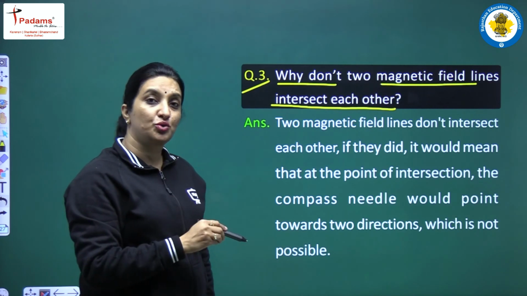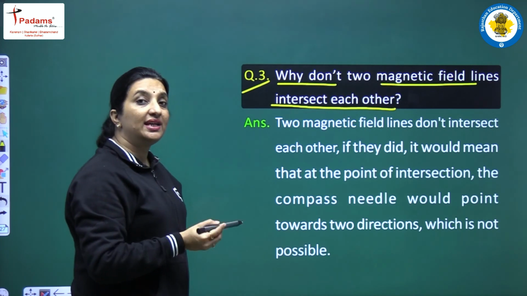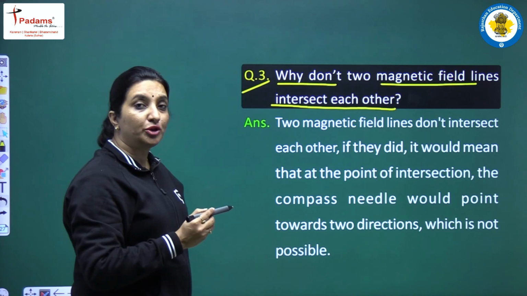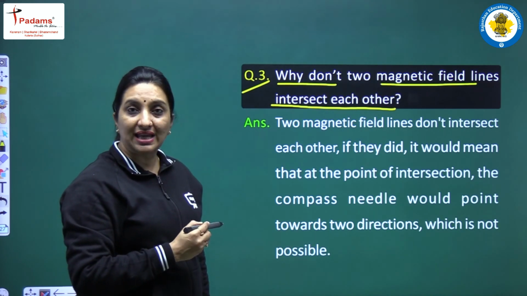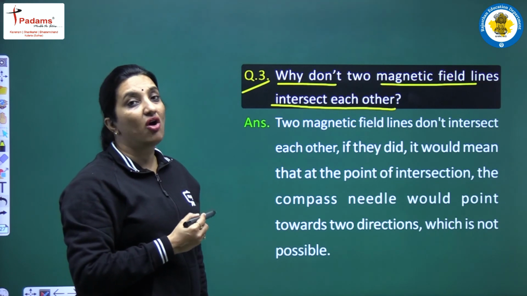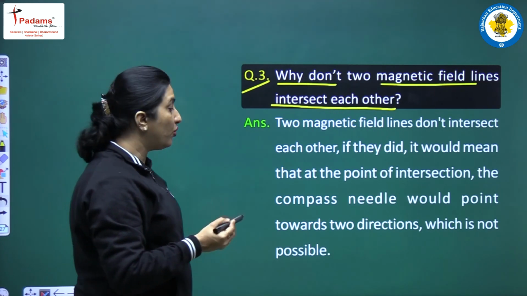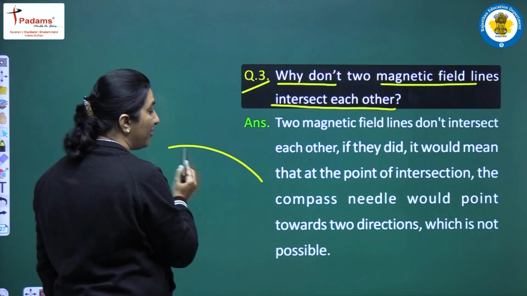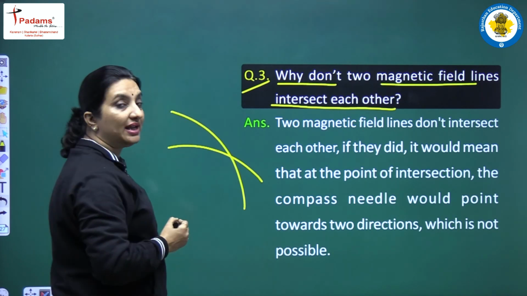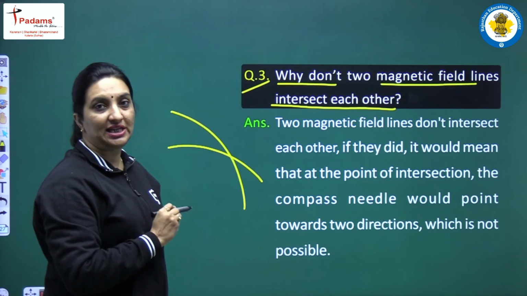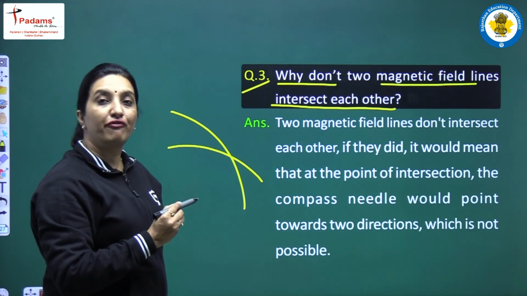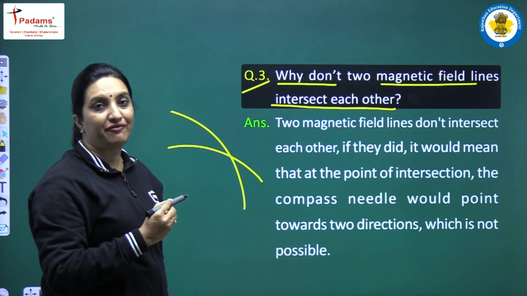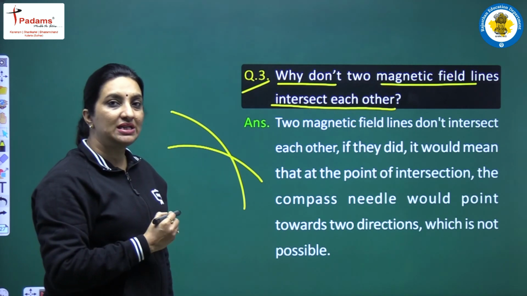If they did so, students, as we know, the direction of the north pole of the compass needle placed on the magnetic line gives us the direction of the magnetic field line. So suppose we have two magnetic lines of force which are crossing each other, and as we know that at any point, if we want to find out the direction of the magnetic field, then we can place a compass needle over there.